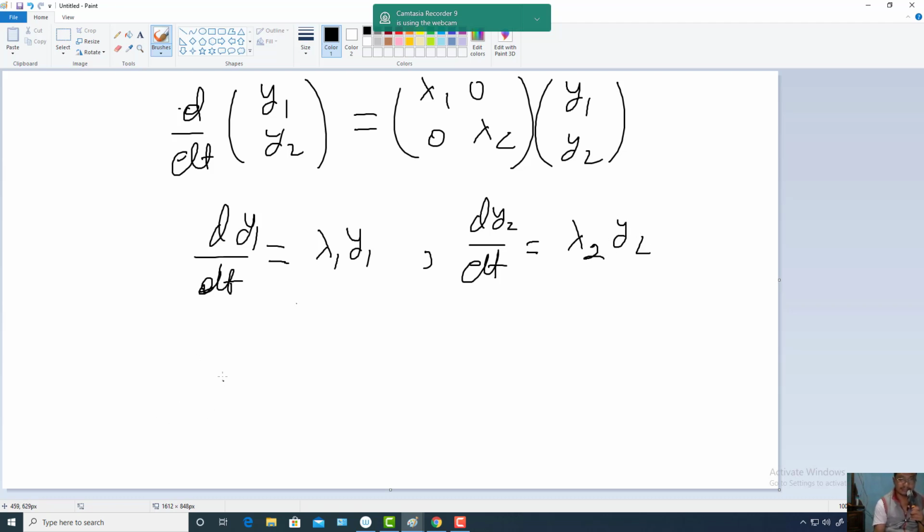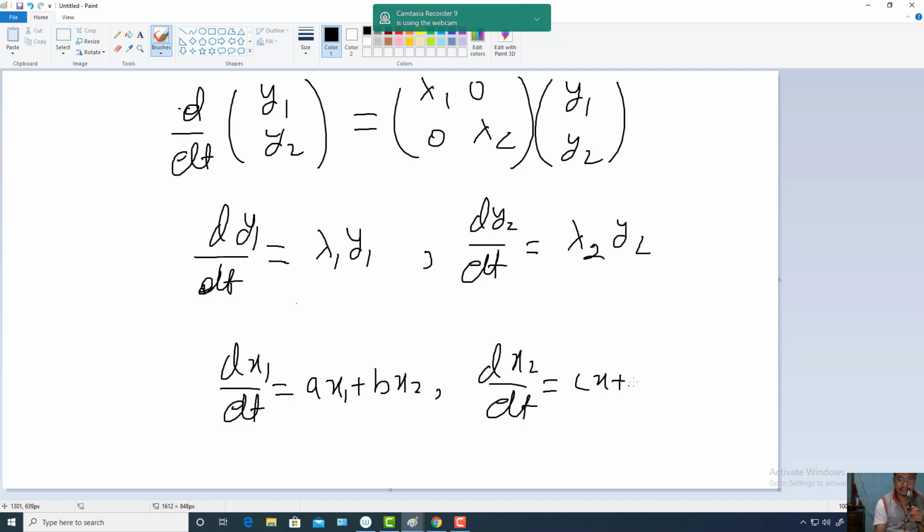So what you have from the given system of differential equations is dx1 by dt equal to a x1 plus b x2, and dx2 by dt equal to c x1 plus d x2. This is called coupled because two variables are here. We call it a coupled linear differential equation, okay.